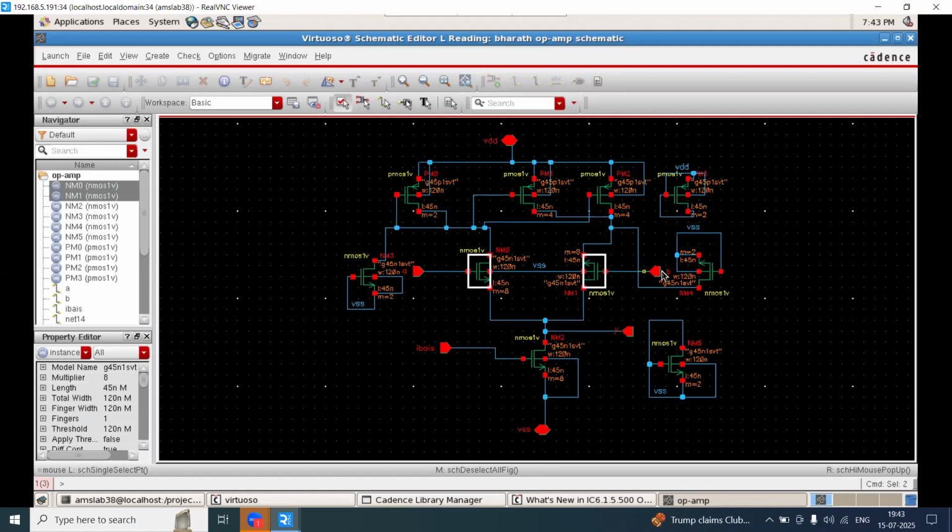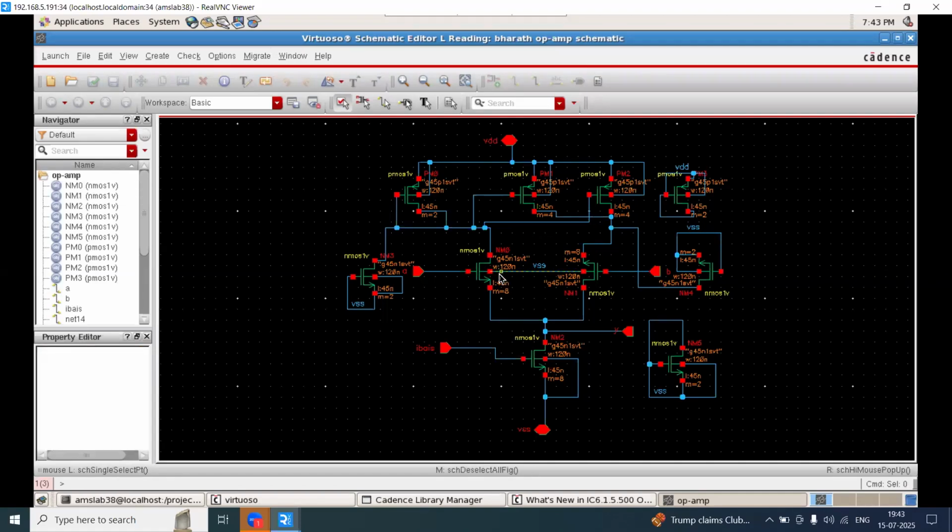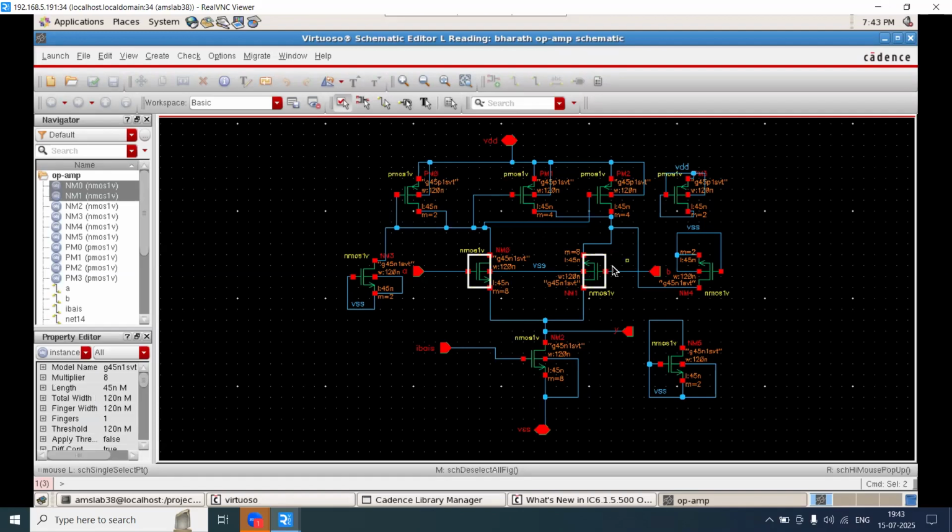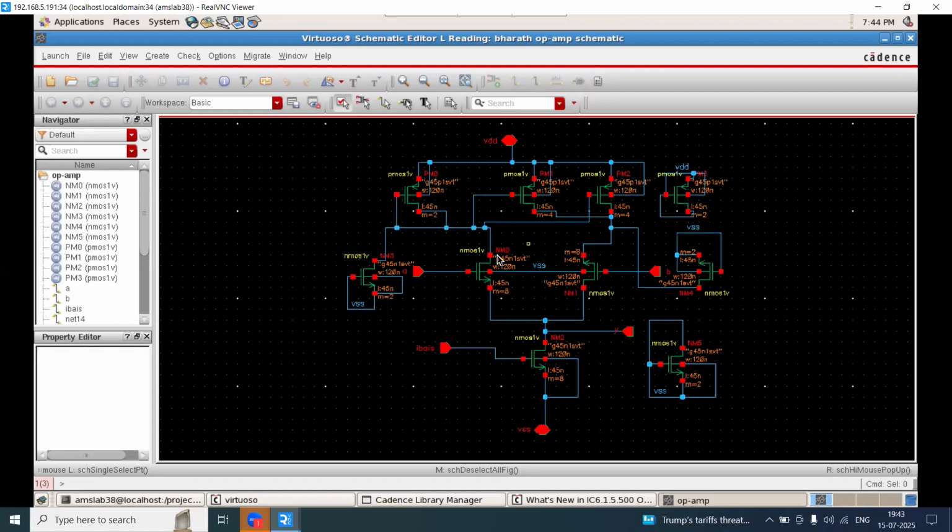Input A and input B give two different inputs which are in opposite potential, and device-wise we have the same quantity of multipliers and fingers. It is connected with one common net, and the other two nets are coming from the current mirror block.